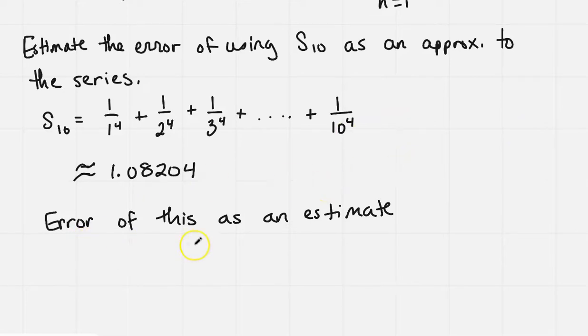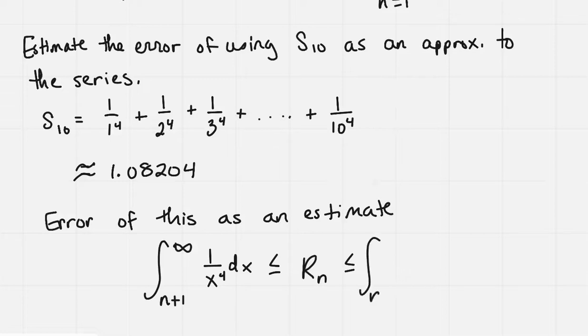So let's find the error of just using the first 10 terms summation as an approximation to the series. So that's where this remainder estimate for integrals will come in with this inequality. The integral from n plus 1 to infinity, our f of x is 1 over x to the fourth, dx, is less than or equal to r sub n, which is less than or equal to the integral from n to infinity of 1 over x to the fourth dx.